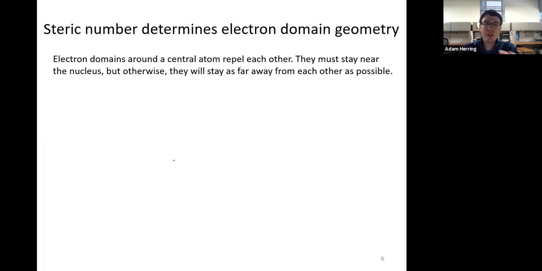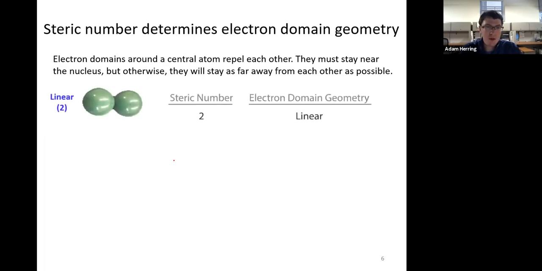So because the domains around the central atom repel each other, they will spread out. But because they are bound to the nucleus, they must stay as close to the nucleus as possible while still maximizing the distance from each other. So if you have a steric number of 2, this is what we call a linear electron domain geometry.